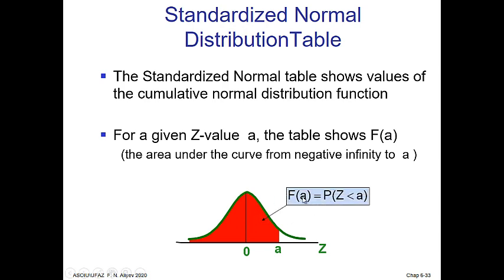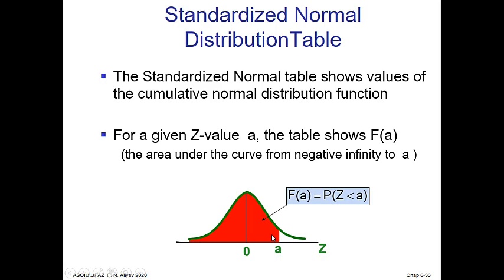If we have a and F(a), it means the probability of z less than a. And what does it mean? It means this left side area from a.